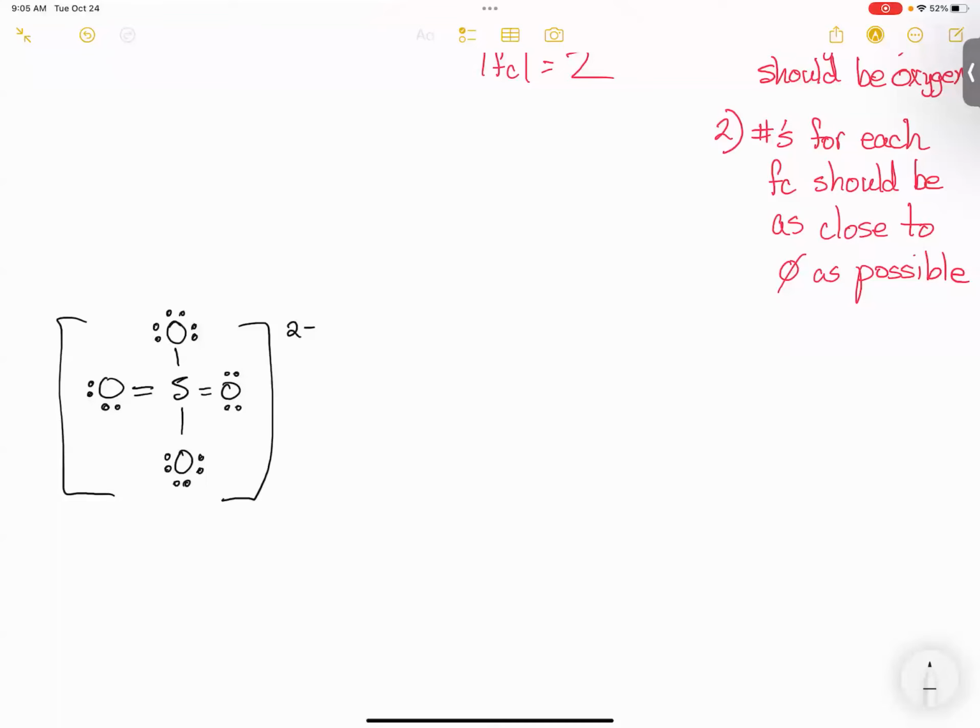And then chemistry likes symmetry. In other words, there is no reason why the right and the left. I have two other oxygens that were identical. All four oxygens were identical. And because of that, what we can develop with sulfate is what's called a resonance structure.